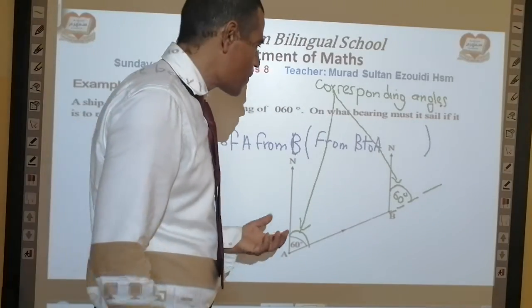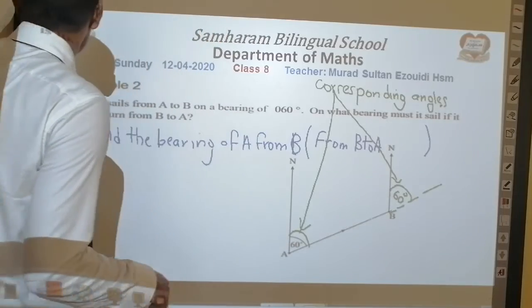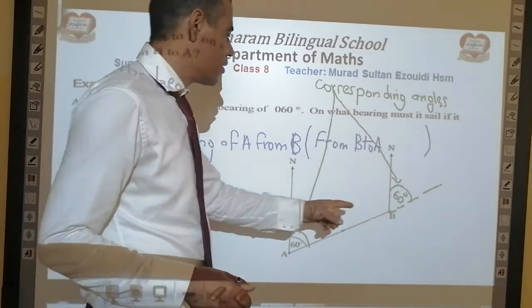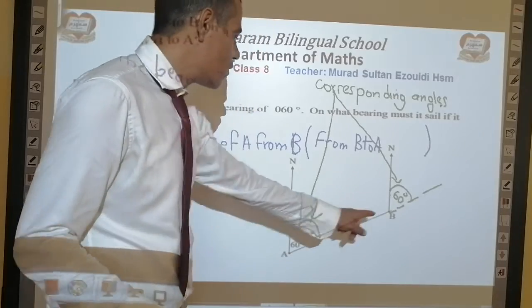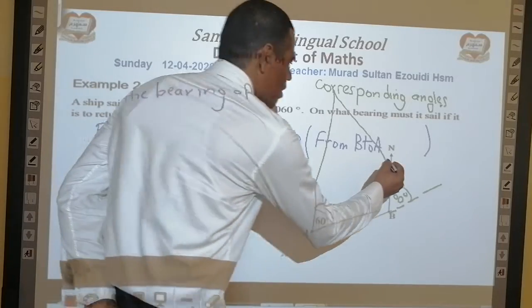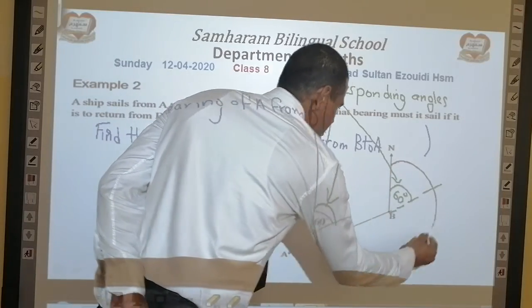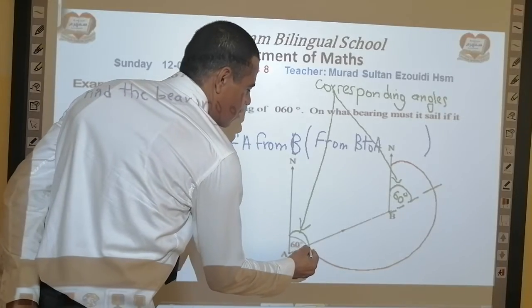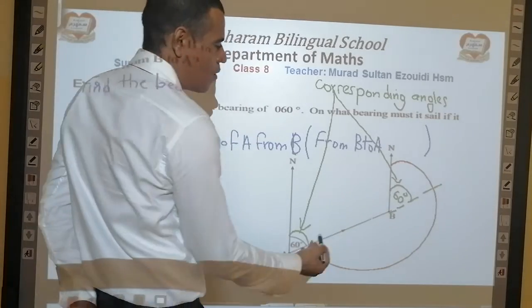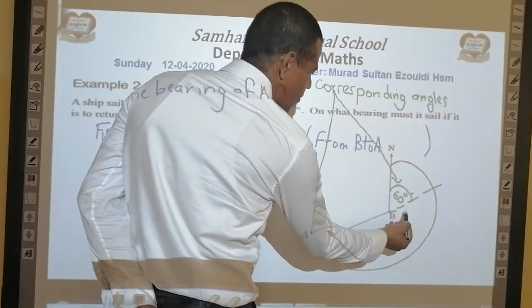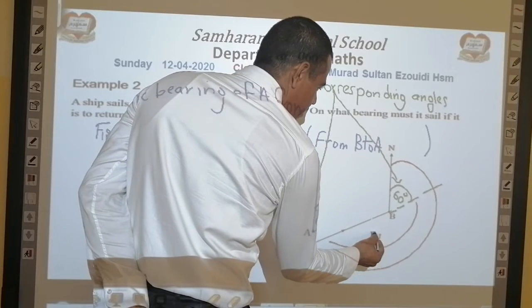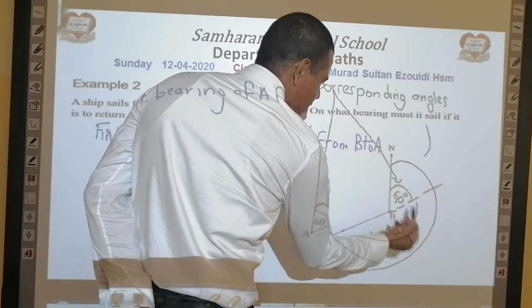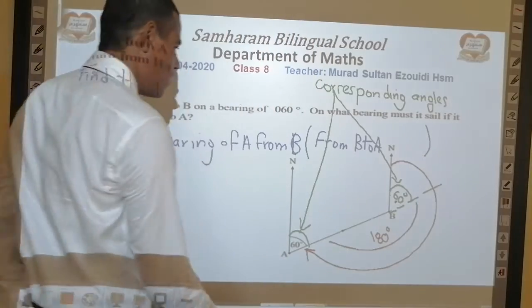Okay, then I want what? I want to work out the bearing of A from B, or the bearing from B to A. Means we measure clockwise from the north direction. So this is 60 degrees, isn't it? And what about this one? This is the line, so 180. 180 plus 60 will be 240.